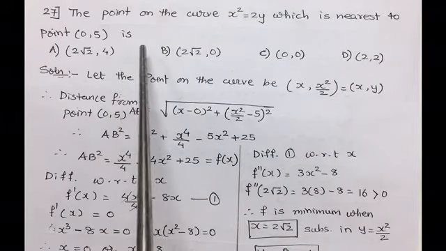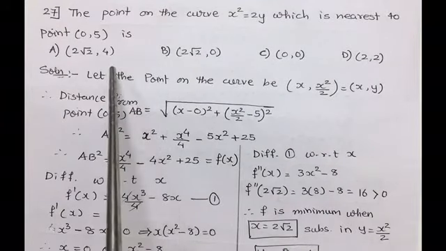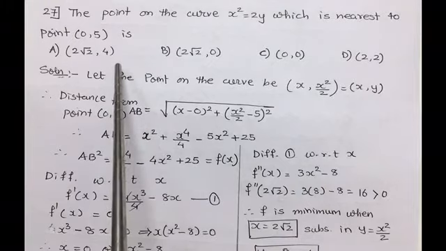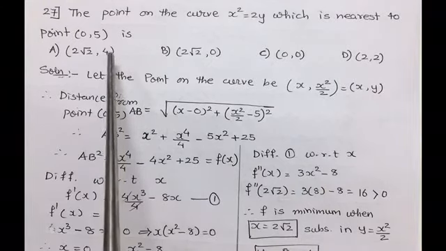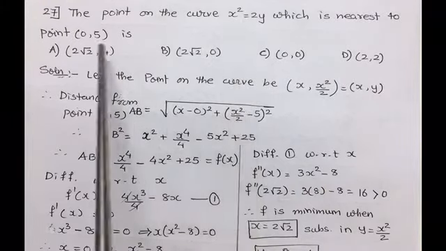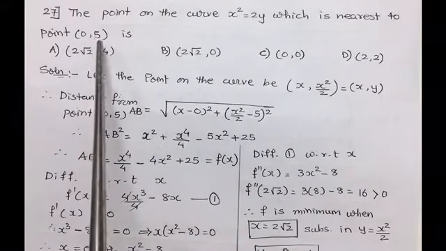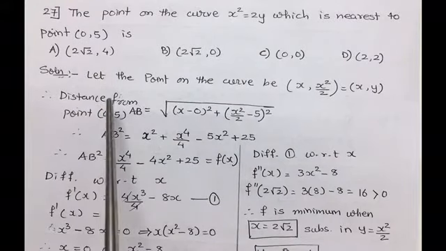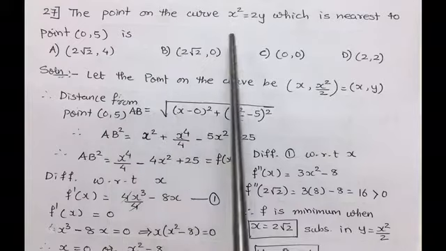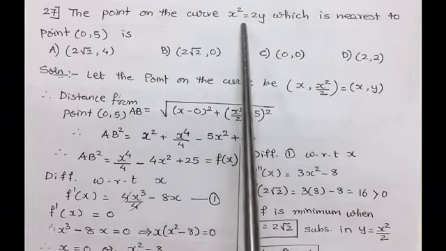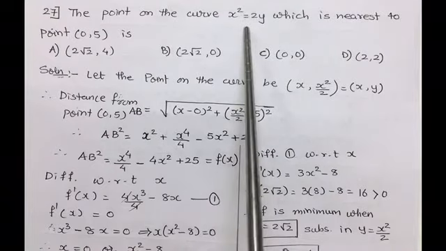Now we have to calculate which is the nearest point on the curve from (0, 5). Here the equation of the curve is given, but the point on the curve is not given.